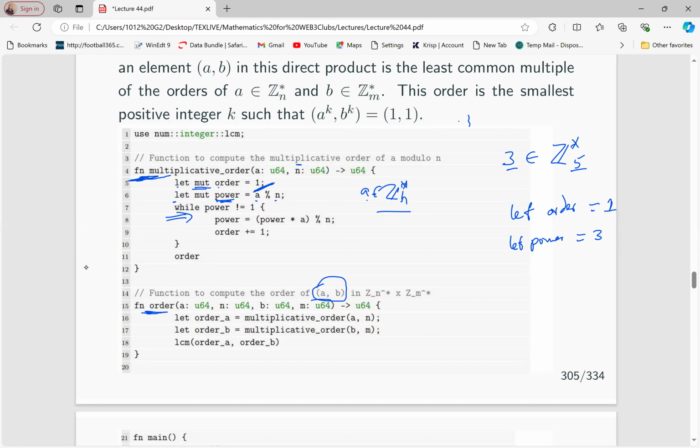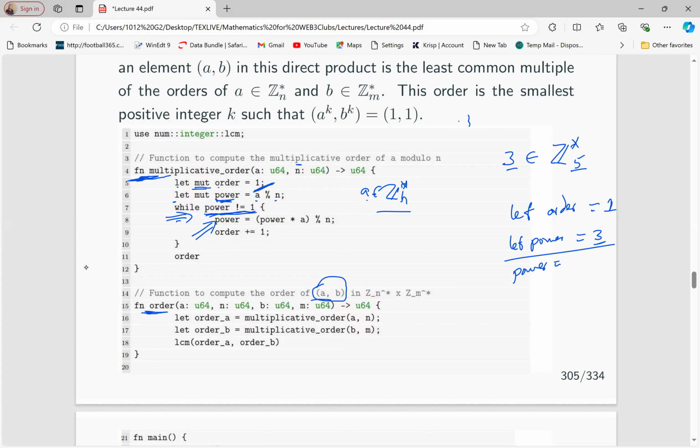There's a while loop, and the while loop says, if the power is not equal to 1, then you calculate the new power. In this case, the power is not equal to 1, so we get the new power.